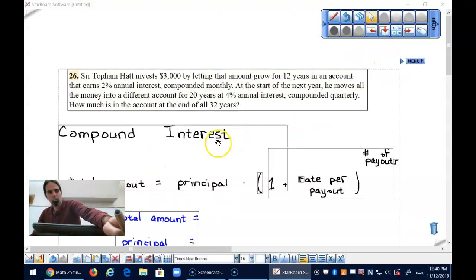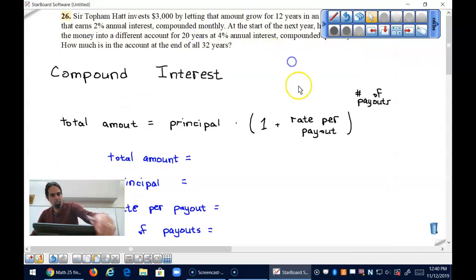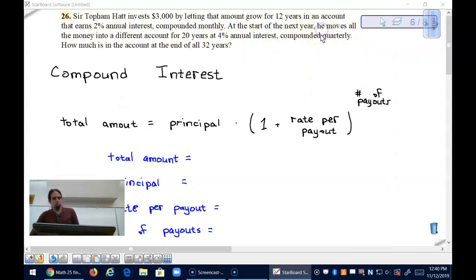So he invests $3,000 and he lets it grow for 12 years.